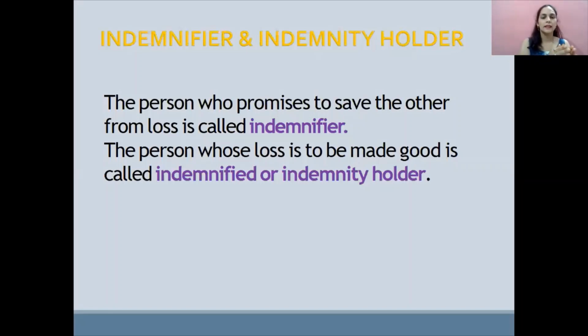Here Mr. A is the indemnified, that is the indemnity holder, who gets the indemnity by paying a minimal sum known as premium, and the Oriental Insurance Company is termed the indemnifier. If the vehicle is lost due to theft or damaged due to fire, the amount will be paid by the Oriental Insurance Company, the indemnifier, as it has promised to make good the loss of the indemnity holder.